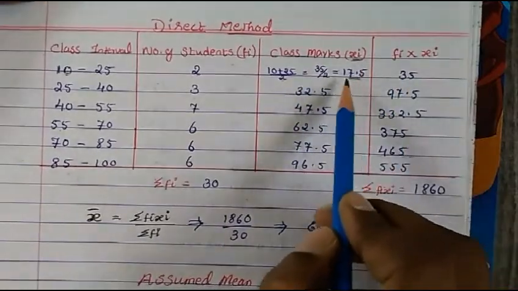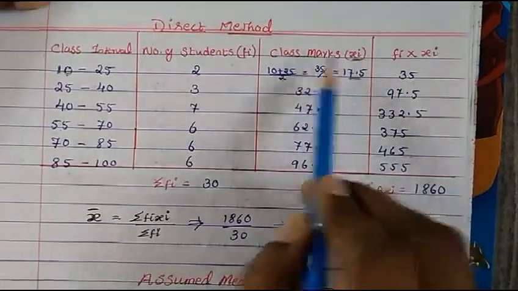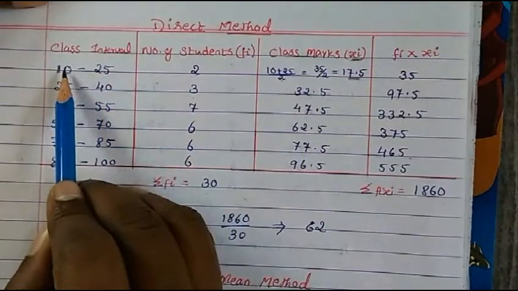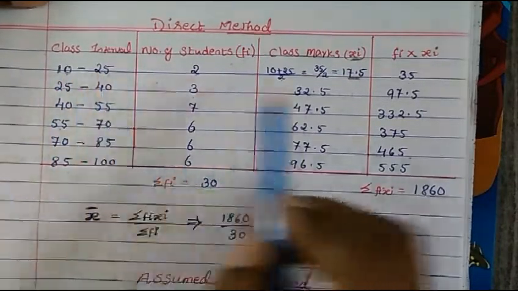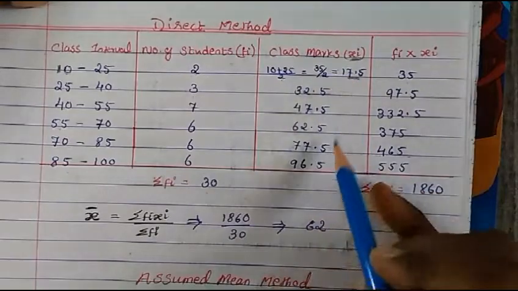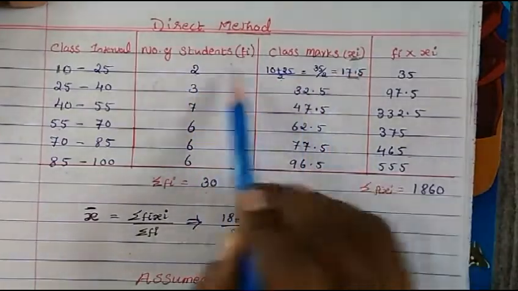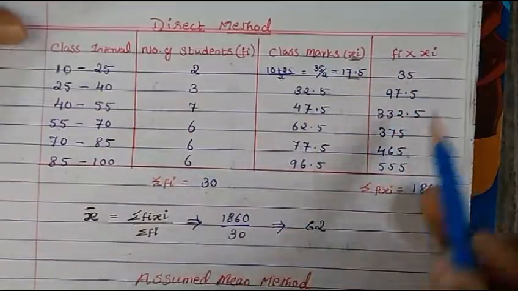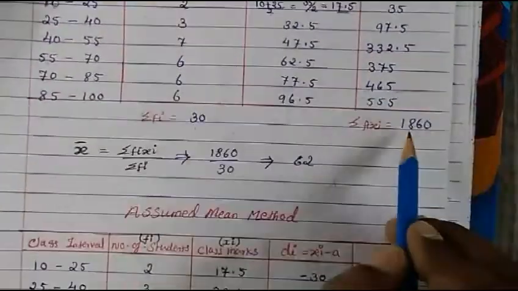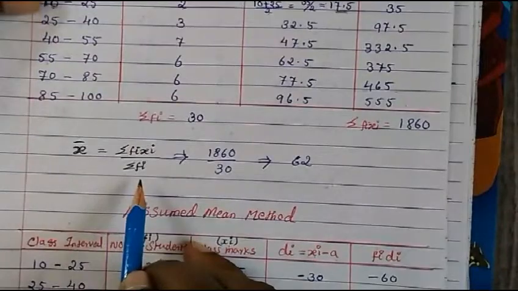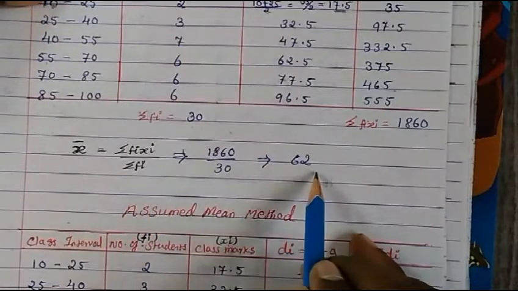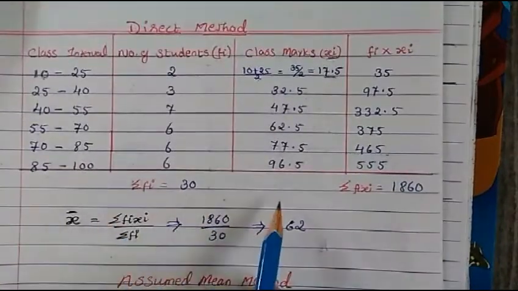I told you how to calculate: upper limit plus lower limit divided by 2. You will get the xi value, that is average. Once you get the average, then you multiply fi and xi. Then total it, and once you get the total, put it in the formula and then find the average. So this is your direct method.